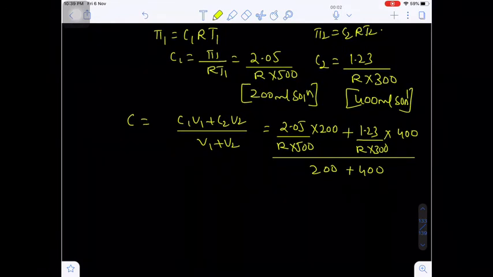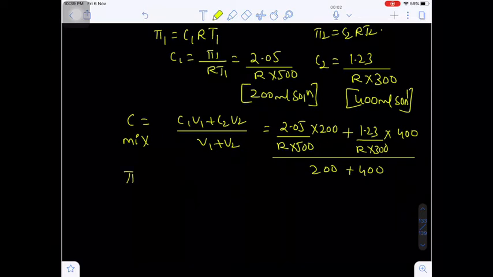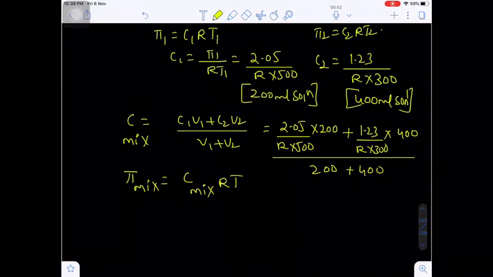Okay. This is the concentration of the mixture of the solution. Now finally this is the concentration of what? Mixture. Now osmotic pressure of the mixture will be equal to concentration of the mixture multiplied by R into T.